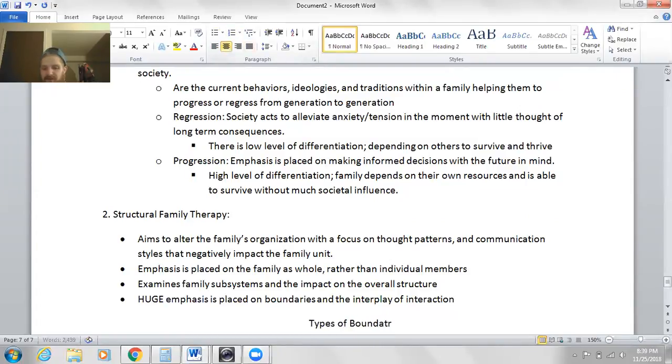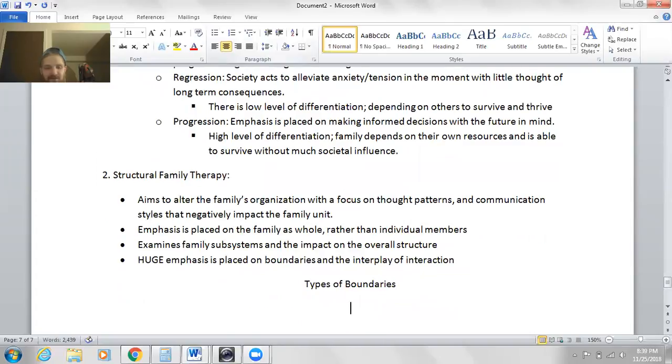So earlier in the group, somebody was like, hey, sounds like it meshed boundaries, which you were correct in some of these. So with this, the first type is enmeshed or diffuse type boundaries, and this is that they are meshed together.